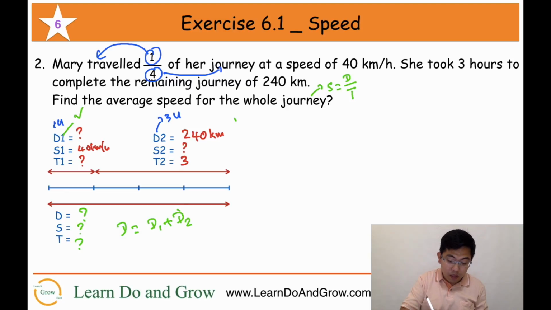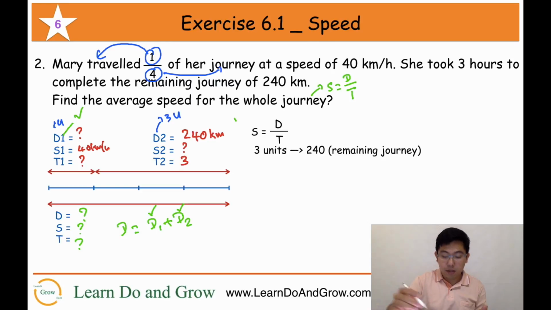So I already know D2, and obviously I need to find D1. From the information given, we know that D2 is 3 units and D1 is 1 unit. So in that case, it becomes quite easy to find that information, right?